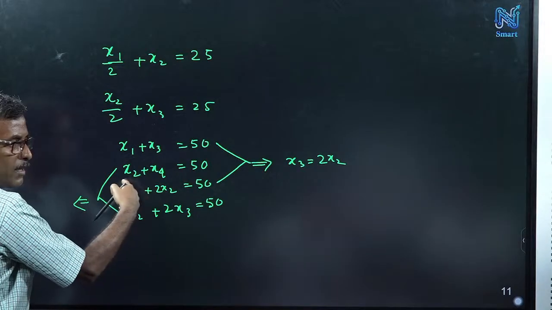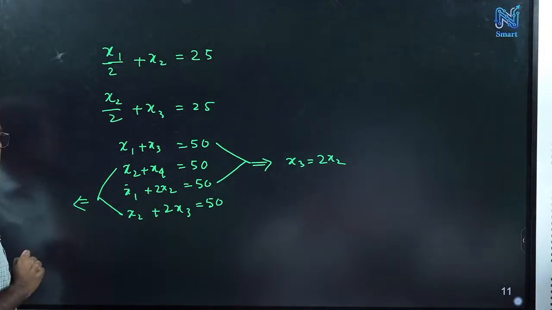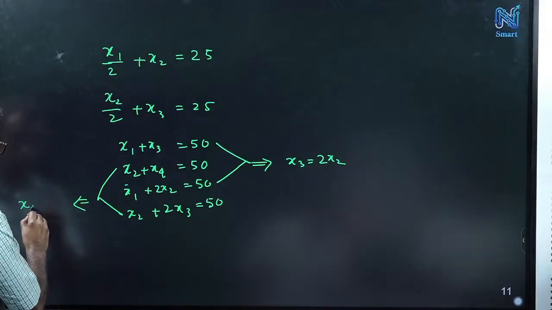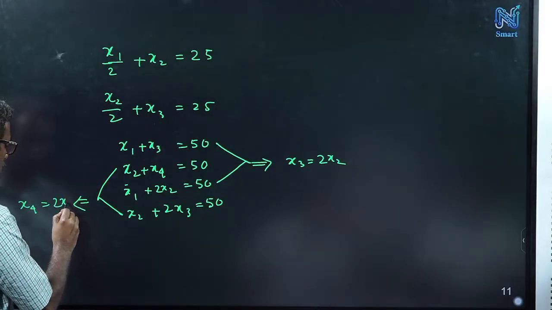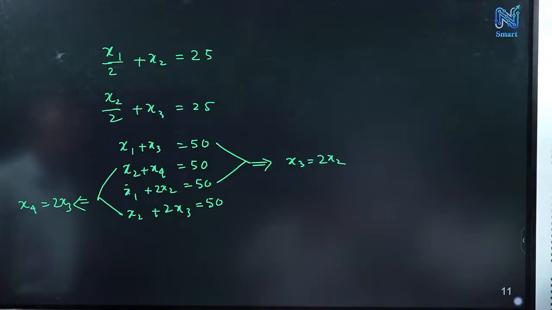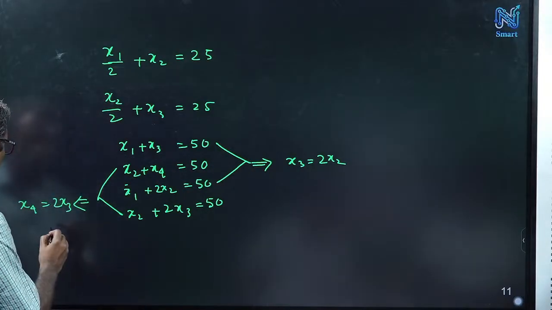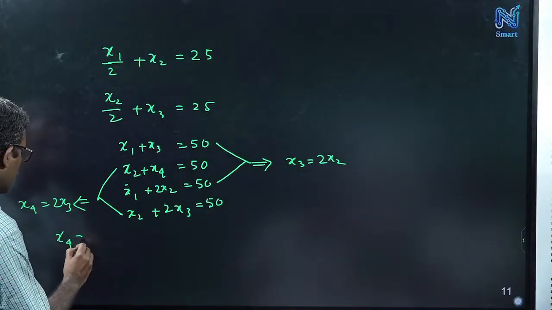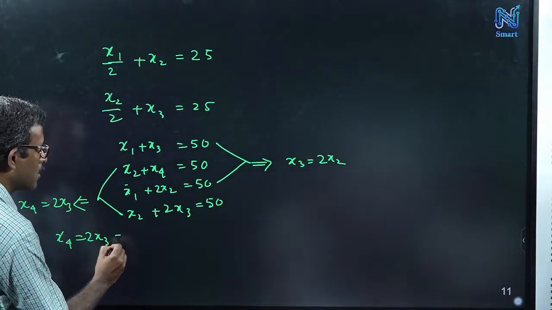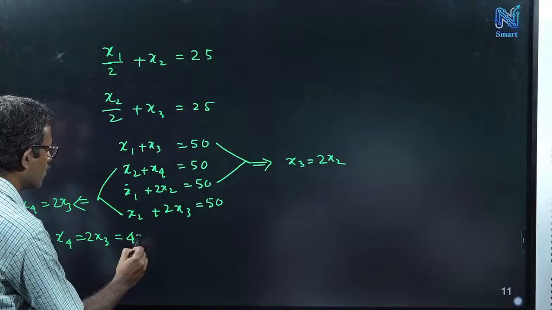So this x2 plus x4 is same as x2 plus 2x3. So x4 is equal to 2x3. Now x3 equal to again 2x2. So x4 is same as 2x3, which is same as 4x2.